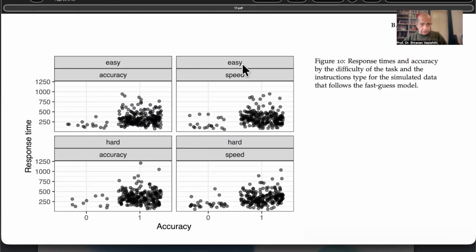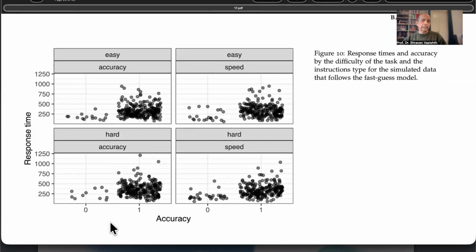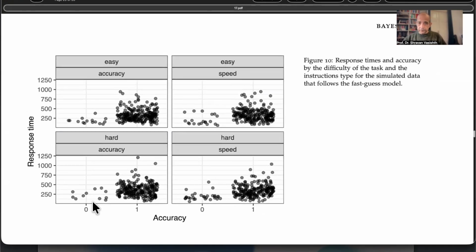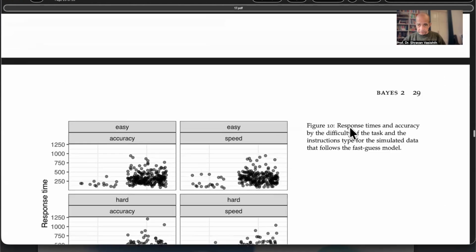These are the easy conditions, the two easy conditions, which are either accuracy focused or speed, and the hard conditions where the instructions are to focus on accuracy or speed. Again, this is the simulated data. What you're seeing is faster response times when the response is inaccurate. I explained why that is the case. It's based on the way we set up the parameters and the model, and it looks reasonable here. The simulated data doesn't look totally insane in my view.